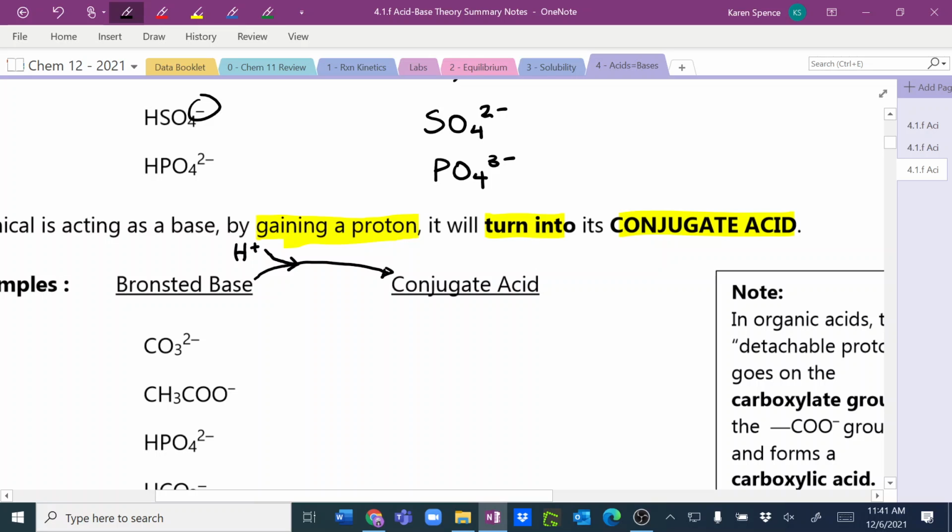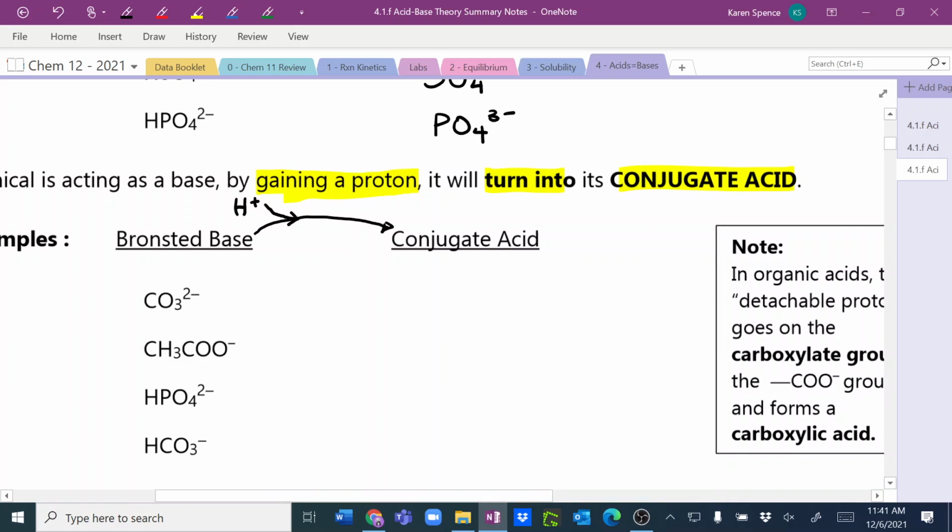So we're going to add an H and we're going to add a positive charge. So what is the conjugate acid of CO3 2 minus? Yeah, so we add an H, and then it's CO3, and it used to be 2 minus, but we added a positive charge, so now it's just negative 1.